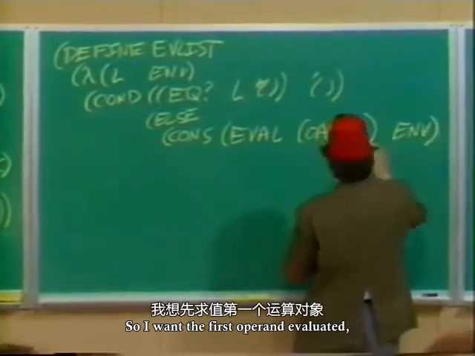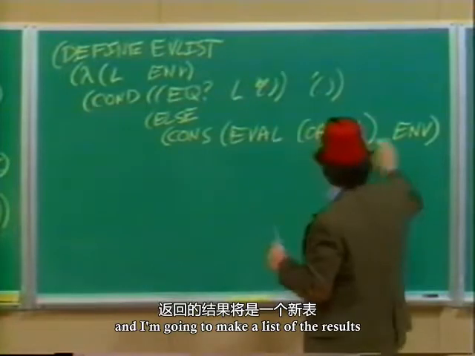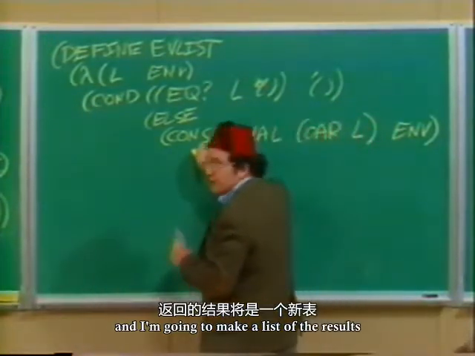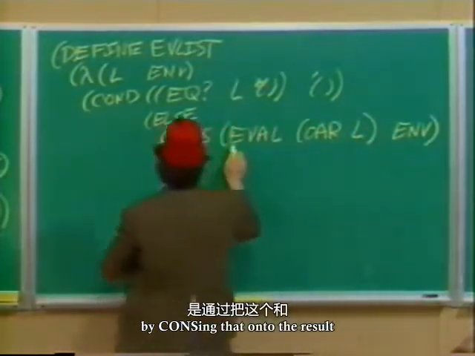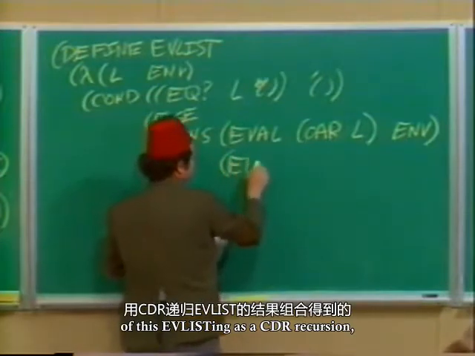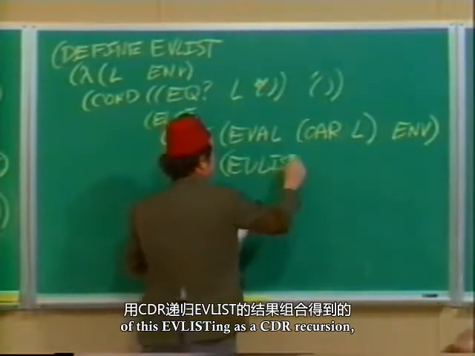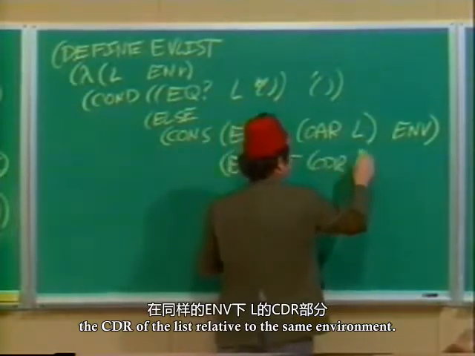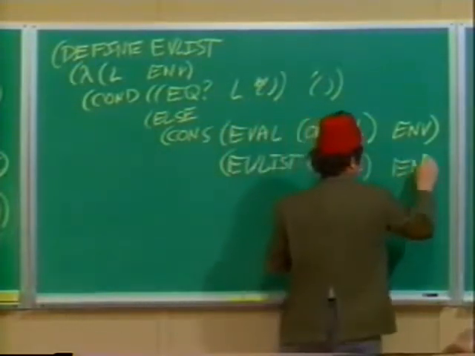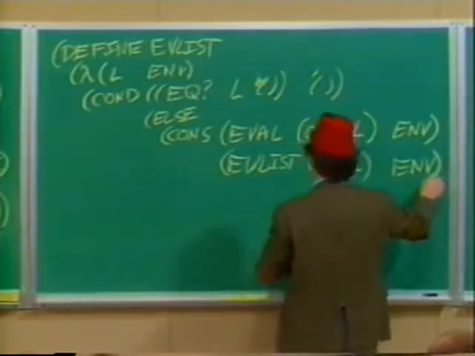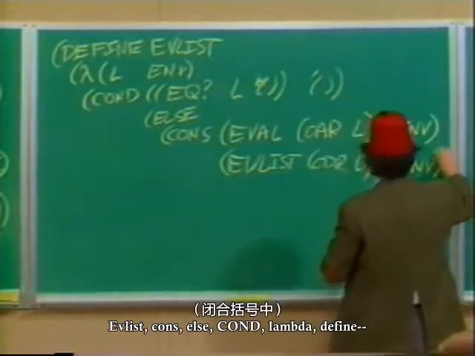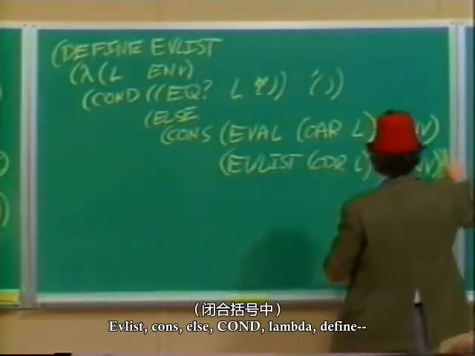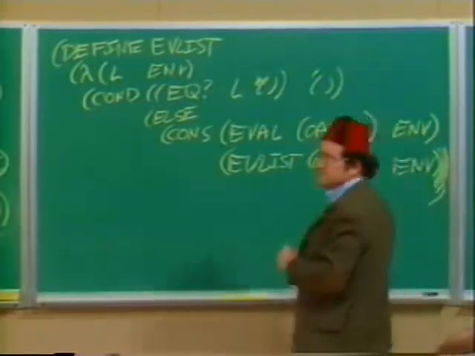So I want the first operand evaluated, and I'm going to make a list of the results by consing that onto the result of evlisting the cdr of the list relative to the same environment. That's a cdr recursion. Evlist, cons, else, cond, lambda, define.